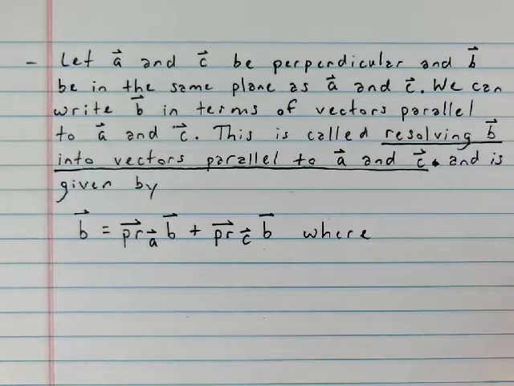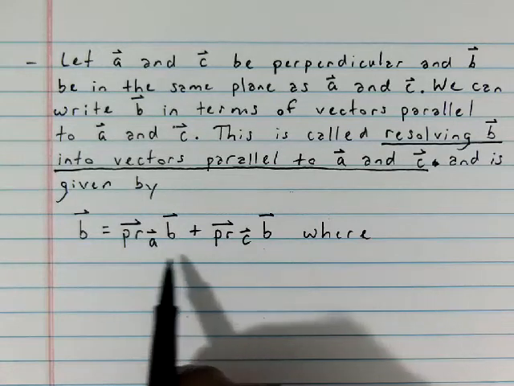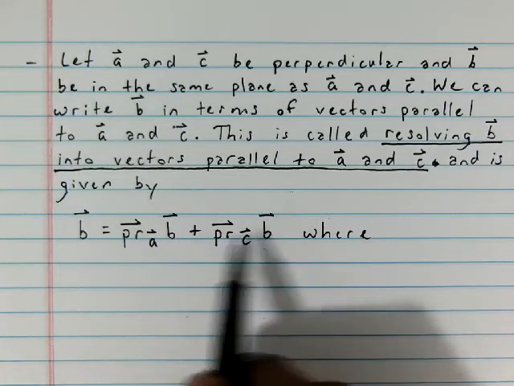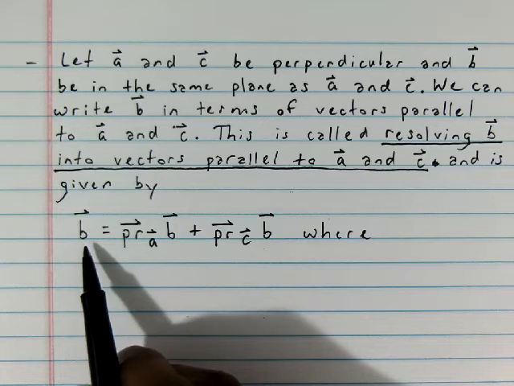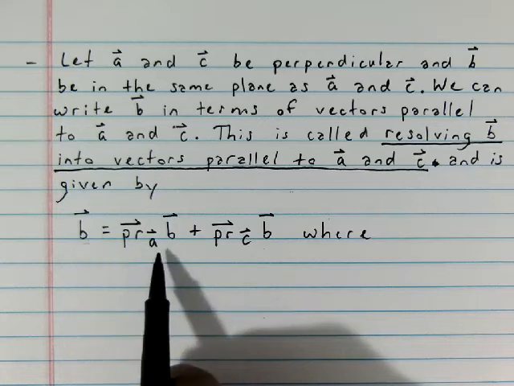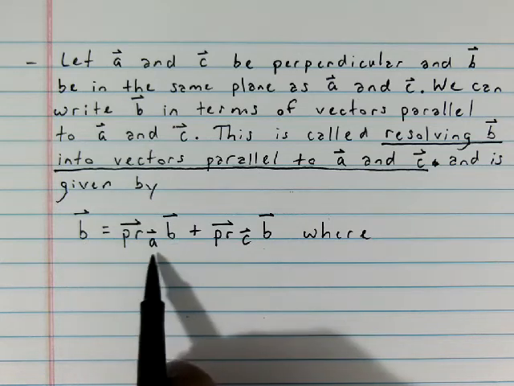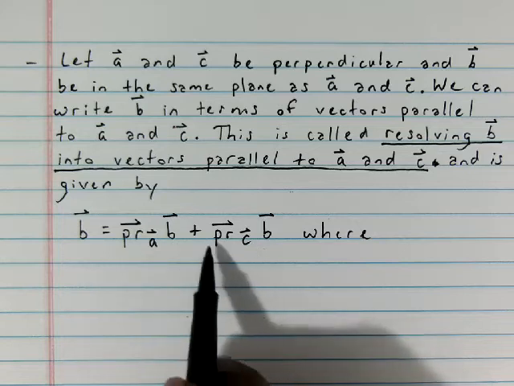This formula always holds, and we'll be given the vector b, the vector a, and the vector c. We know how to compute the projection from our last portion of this section.